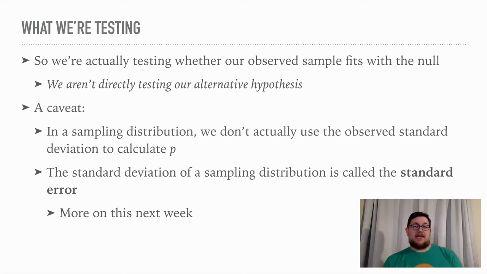If we took another 10,000 samples and asked that question, the standard error would not be 10. Now we'll get into the specifics of all of this later on, but there is a bit of a caveat there. The standard deviation of a sampling distribution, that's what we're really interested in. That's called the standard error. We will get into that, I promise.